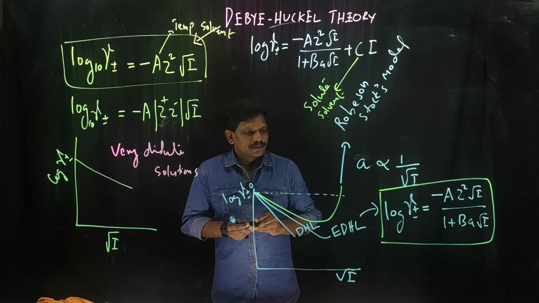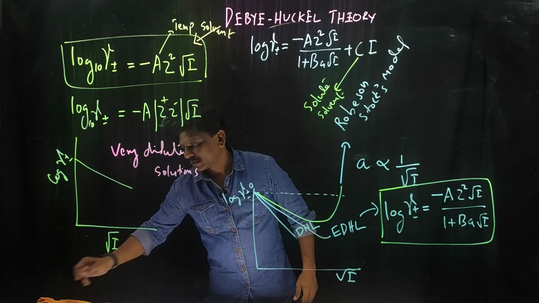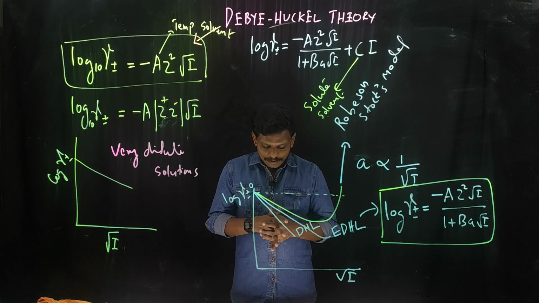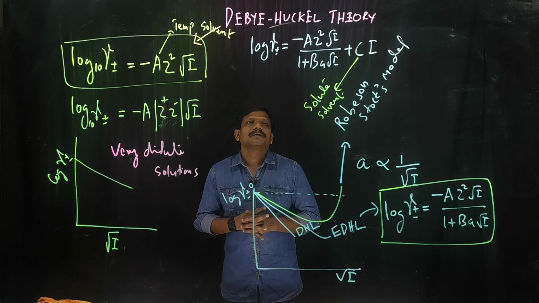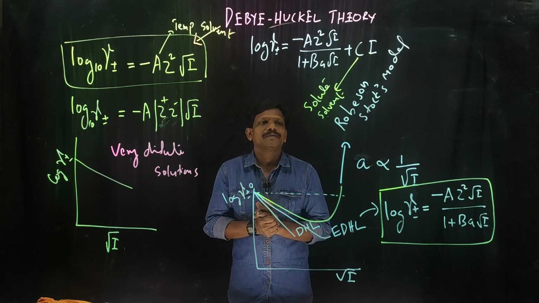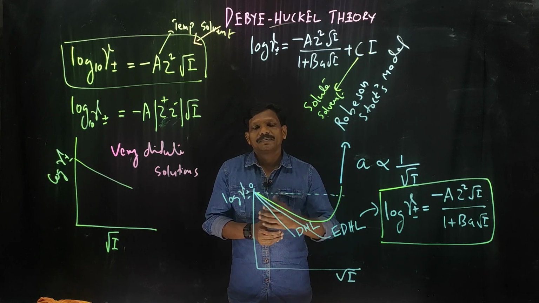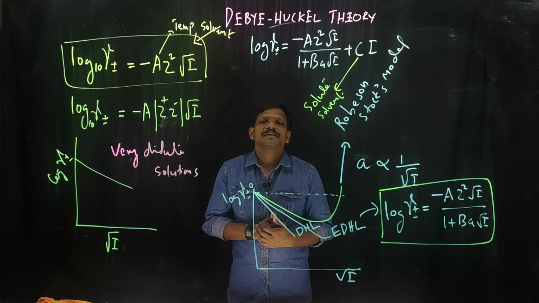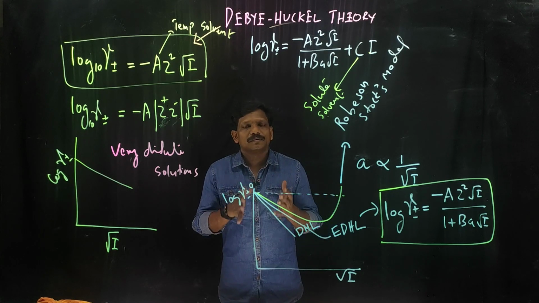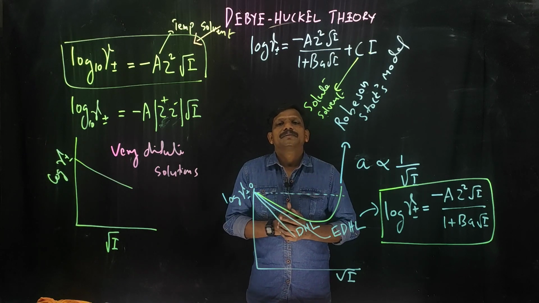Just like this one, we have different models, and normally there are deviations from the Debye Huckel theory. We started from the background of Debye Huckel theory. The real background is activity and activity coefficient. When we are considering non-ideal solutions, that means electrolyte solutions, we need the concentration term activity, and activity is related to the activity coefficient.